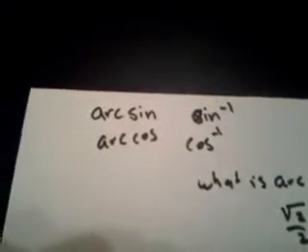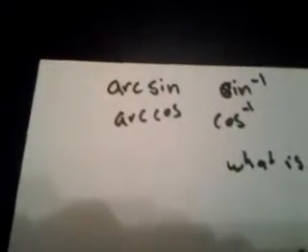Now, since we used an angle to find out the length of the side, the inverse can do just the opposite. With the length of a side, we can find the angle that is necessary for it. So let us ask instead, what is the arc sine of the square root of 2 over 2?